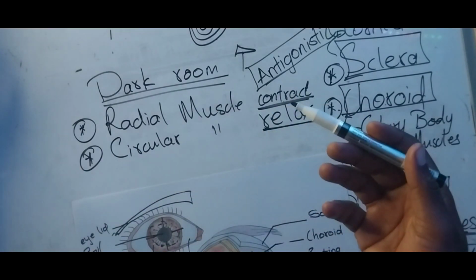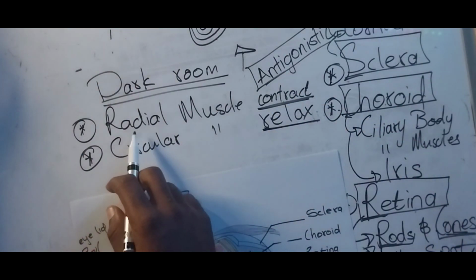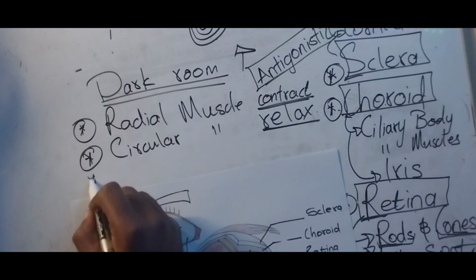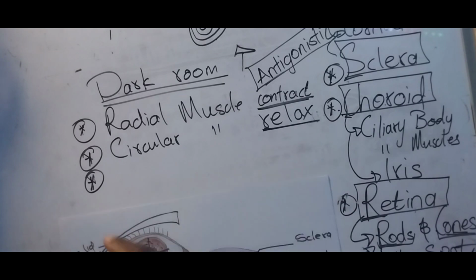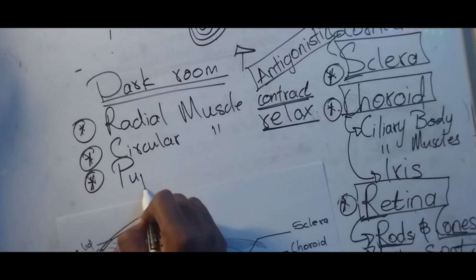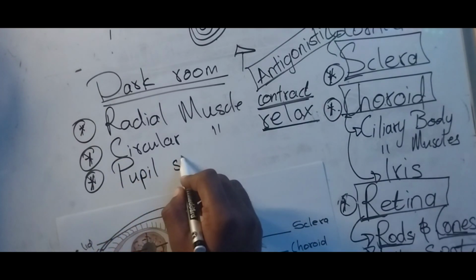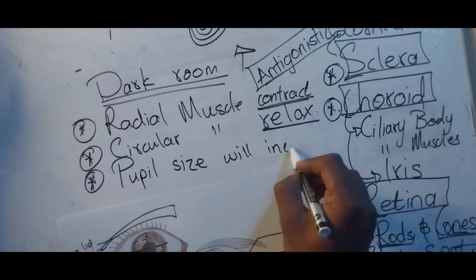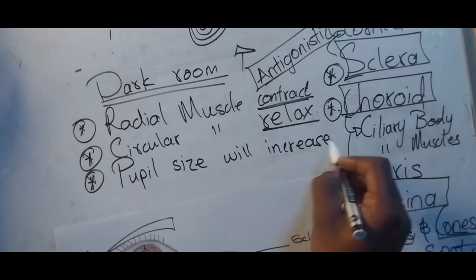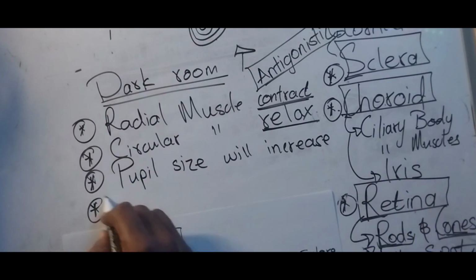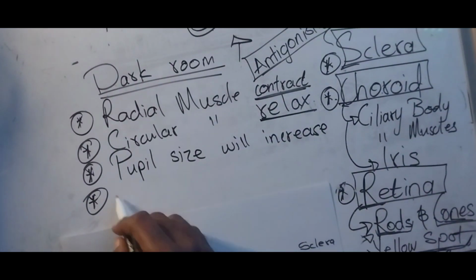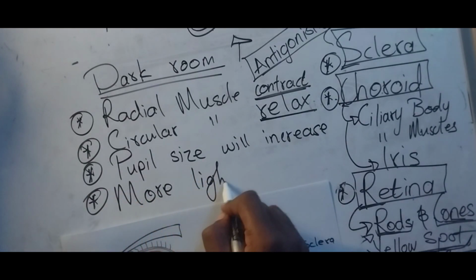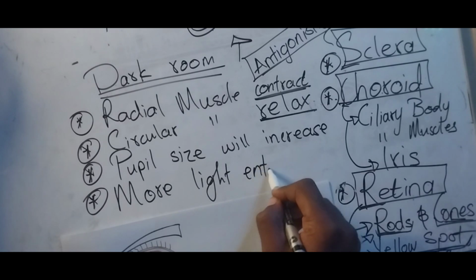They work in opposite. So when the radial muscle contracts, the circular muscle is going to relax. And then what's going to happen? Now the pupil size will increase. Okay? And when that happens, more light enters the eye.